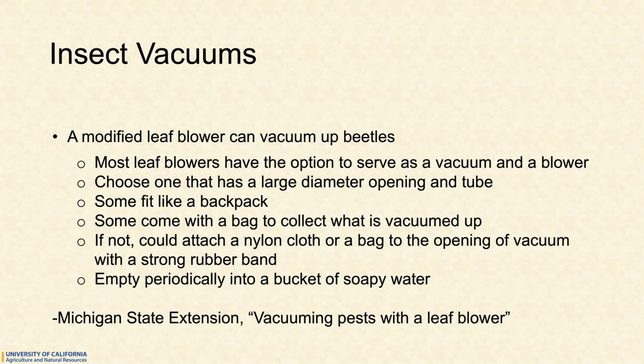Some fit like a backpack, so definitely explore different options out there. Some come with a bag to collect what's vacuumed up, but if not, this article is saying that you can attach a nylon cloth or a bag to the opening of the vacuum with a strong rubber band. That's what it sounds like some entomologists do. You can empty that periodically into a bucket of soapy water.